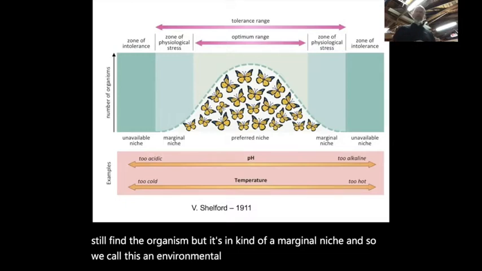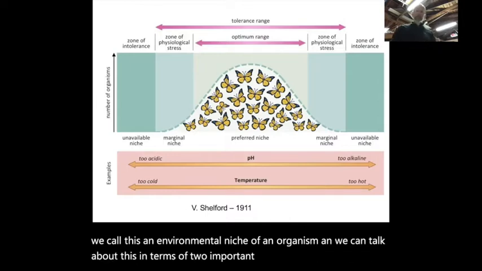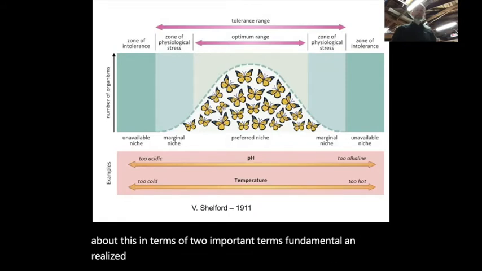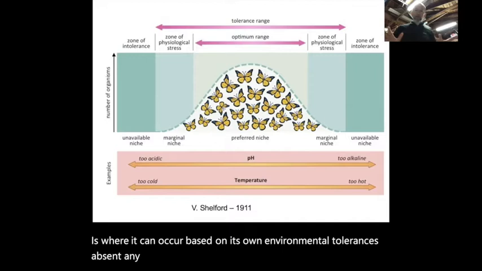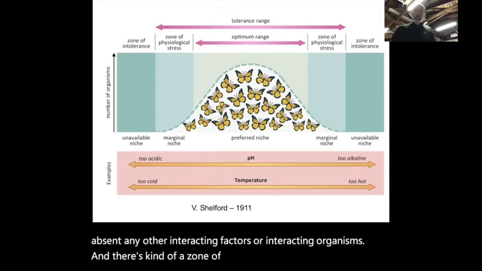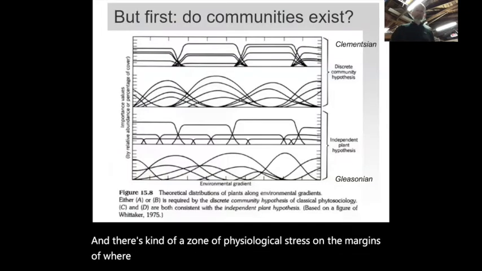And we can talk about this in terms of two important terms, fundamental and realized niche space. So an organism's fundamental niche is where it can occur based on its own environmental tolerances, absent any other interacting factors or interacting organisms, right? And there's kind of a zone of physiological stress on the margins of where that organism exists.